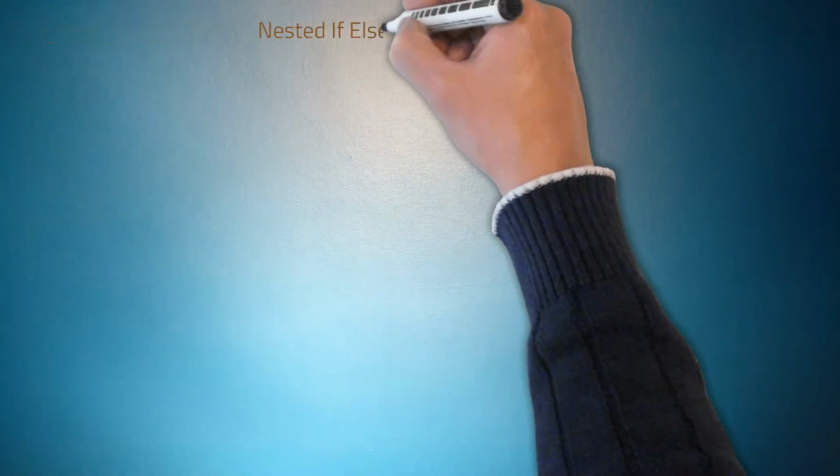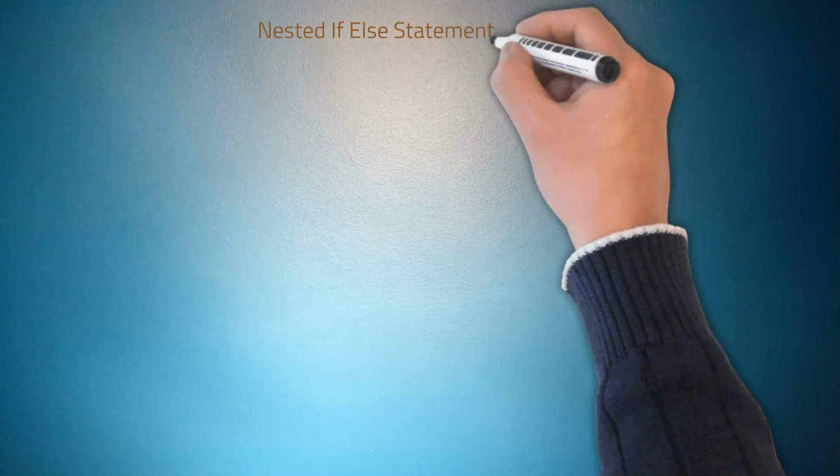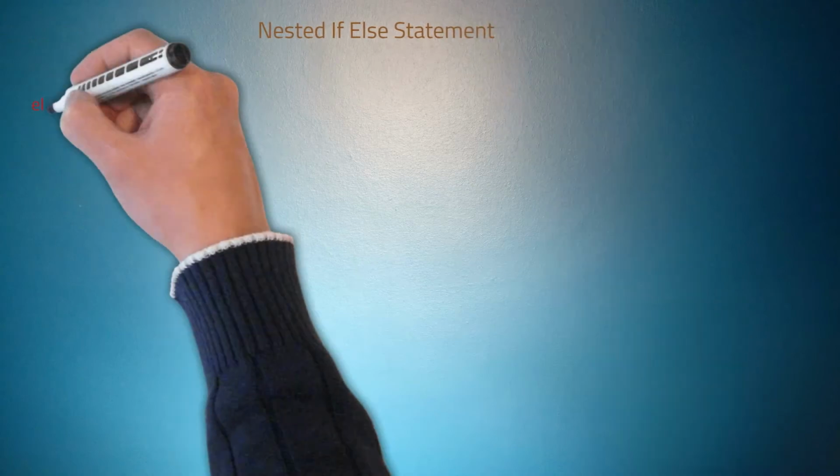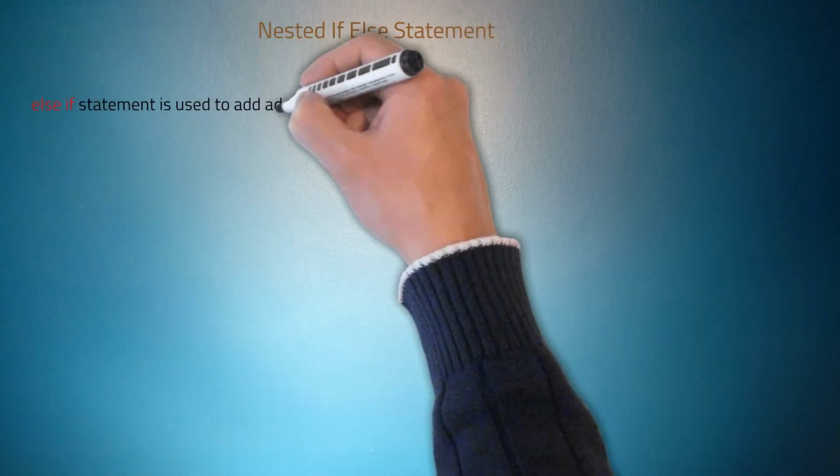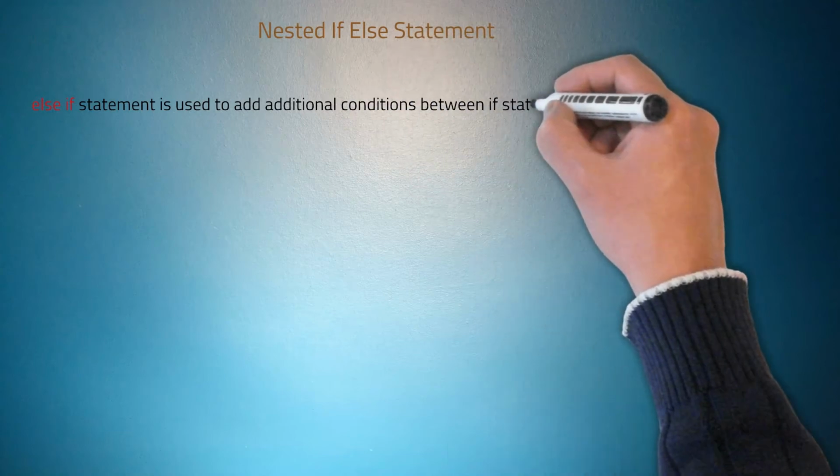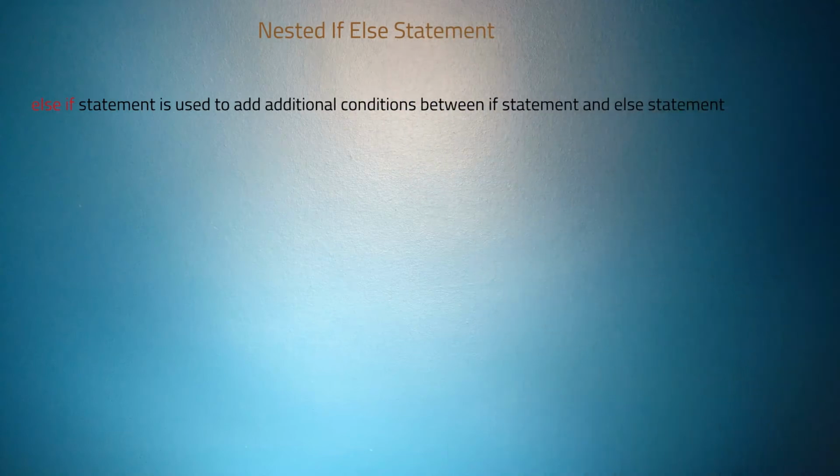Nested if-else statement. Nested if-else is used in scenarios where one if-else is not sufficient to handle the conditions. So to add additional conditions between the if and else block, we use the else if condition.